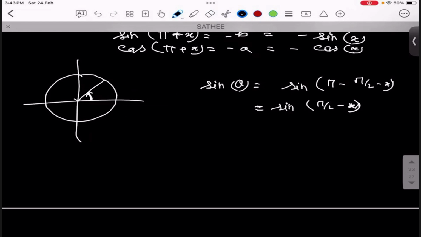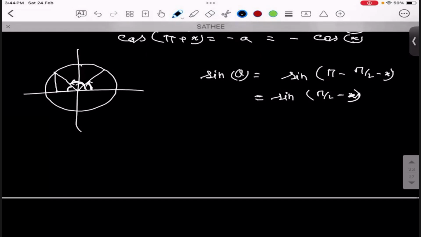So whenever we are in this quadrant, we must consider this angle, and using this angle we will find sin x and cos x. If we consider this as pi by 2 plus x, then what about this angle?